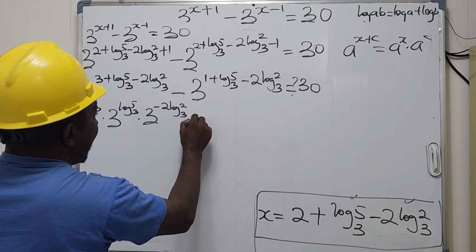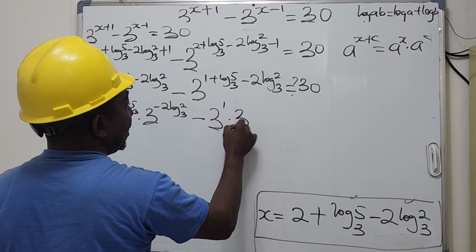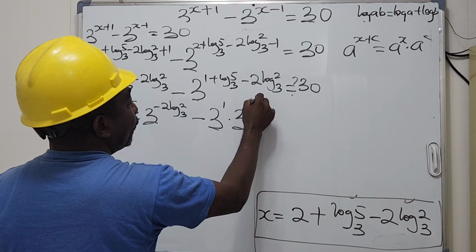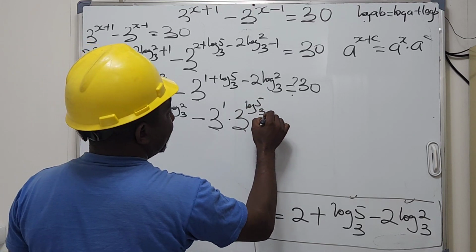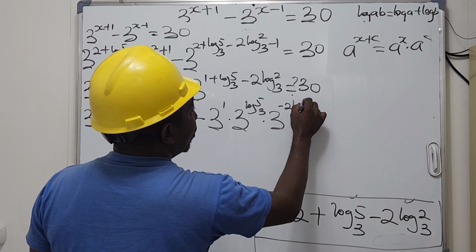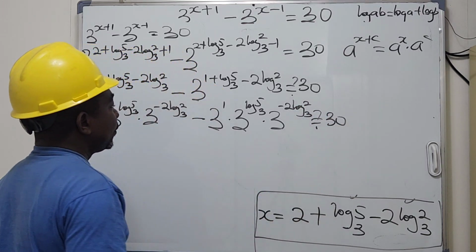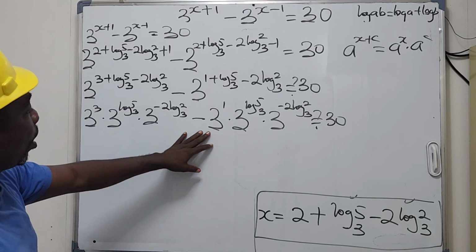Then we bring down minus. Then we have 3 to the power of 1 times 3 to the power of log 5 base 3, times 3 to the power of minus 2 log 2 base 3. Will this equal 30?